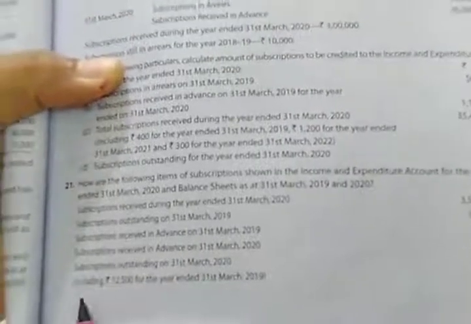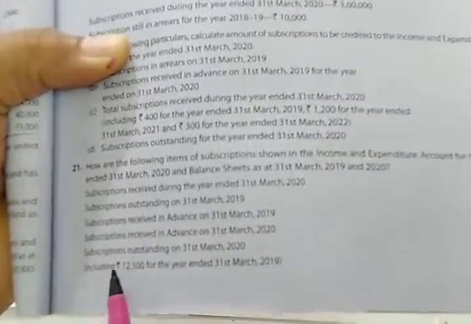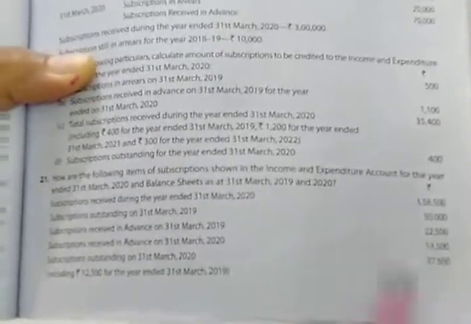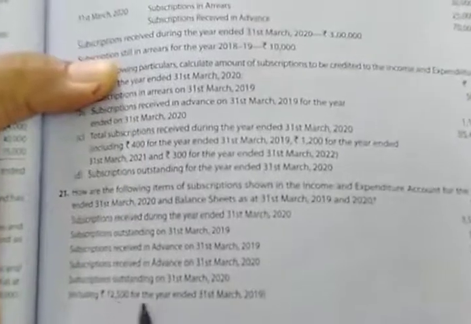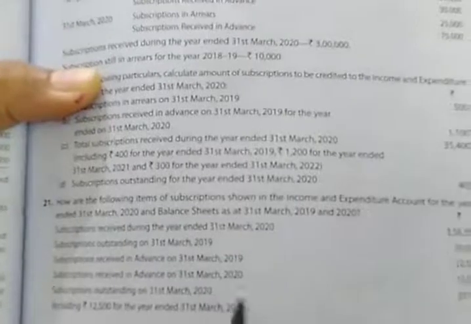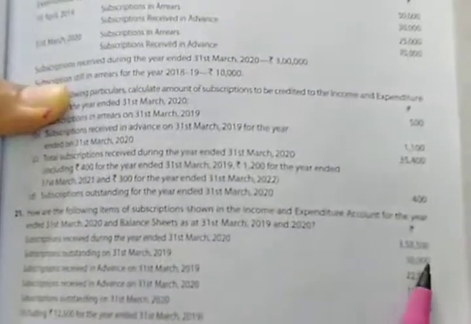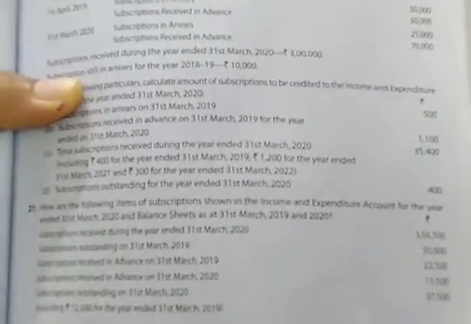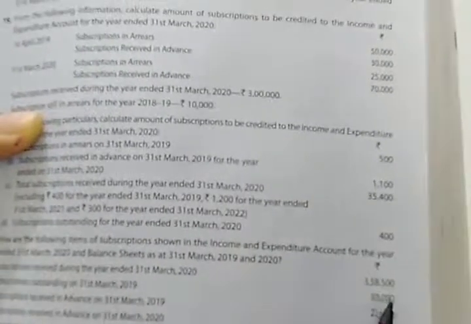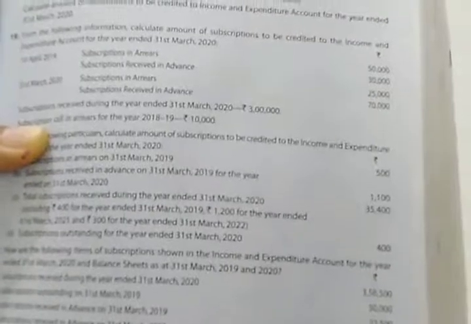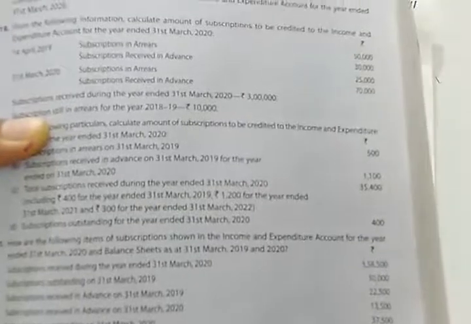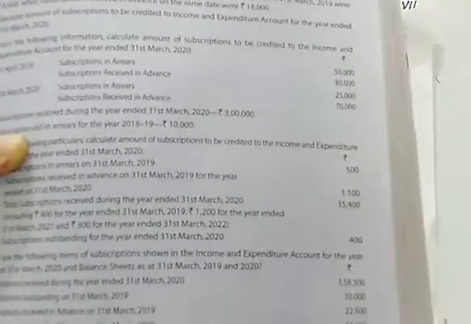In the last line, it is written that subscription outstanding on 31st March 2020 is 37,500 including 12,500 for the year ended 31st March 2019. It means out of this total outstanding of 30,000, 12,500 is still outstanding. So full 30,000 is not received in the current year. In the current year, 30,000 minus 12,500 is received.